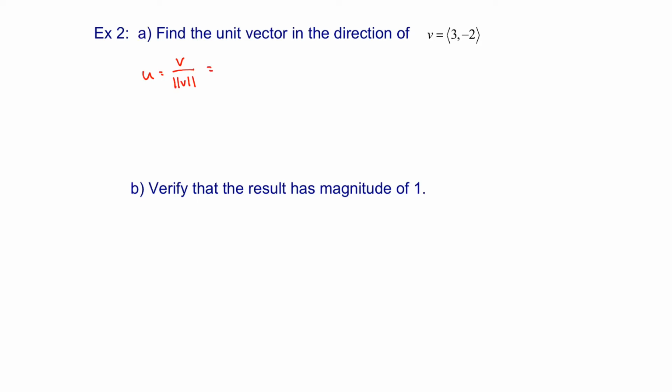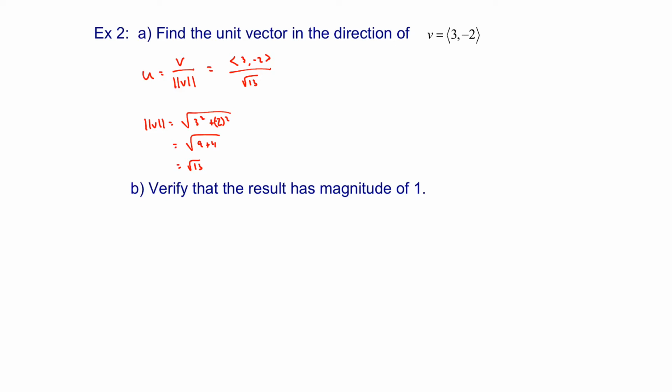This would be (3, -2) divided by the magnitude. So what's the magnitude of vector v? That's equal to the square root of 3 squared plus negative 2 squared, 9 plus 4, which is the square root of 13. So this would be divided by the square root of 13.